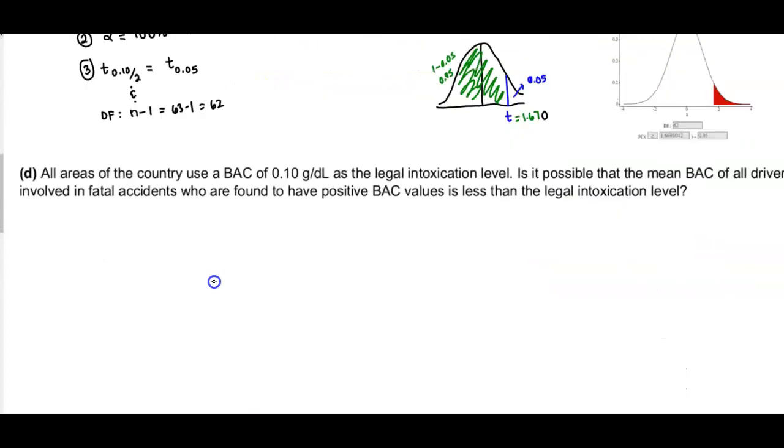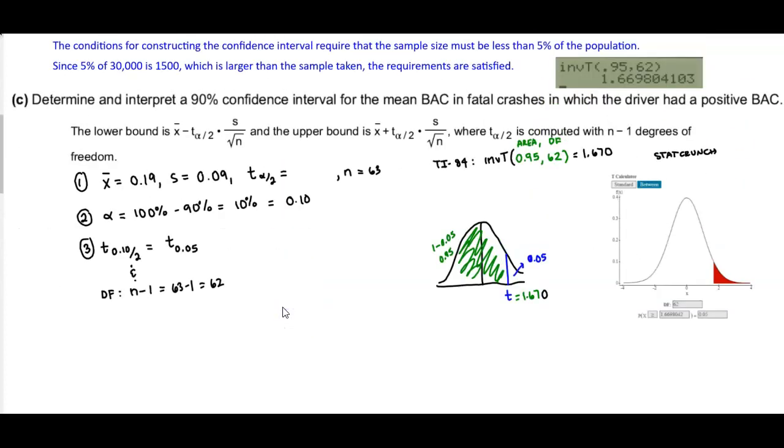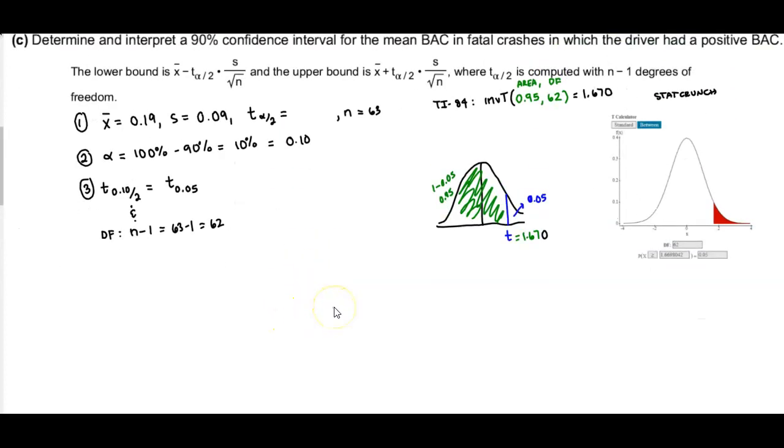Okay, so now let's go ahead and find our upper and lower bounds. So we know that our lower bound is equal to the sample mean minus the critical value of t times the sample standard deviation over the square root of n. And the upper bound is adding the critical t value to the sample mean times the sample standard deviation over the square root of n.